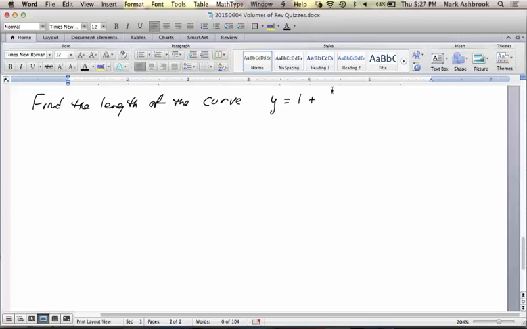Six x to the 3/2 from 0 less than or equal to x less than or equal to 1. Okay, so our curve length is the integral from 0 to 1 of the square root of 1 plus dy dx squared dx.